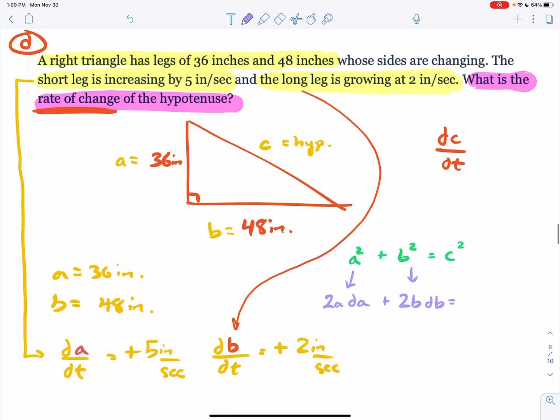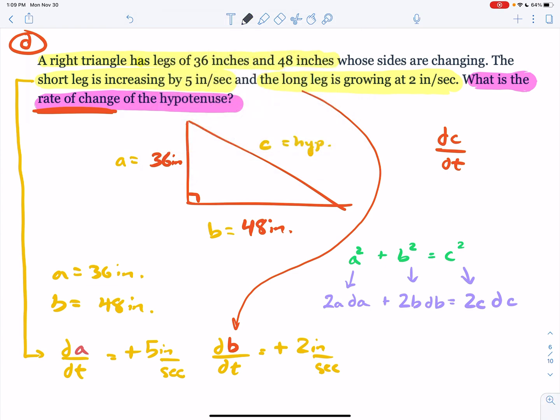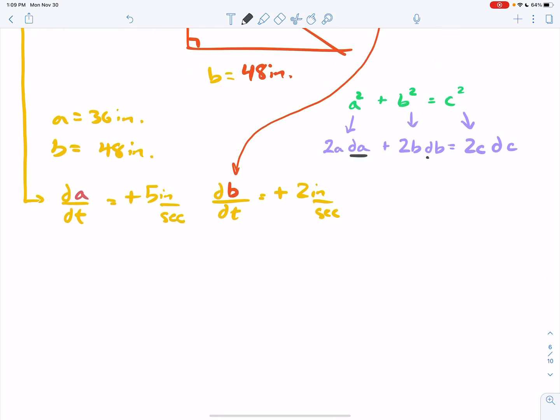And the differential of c squared is 2c with respect to c. Replay this as much as you need to. It is new information. We're going to divide every differential by dt because time is elapsing.